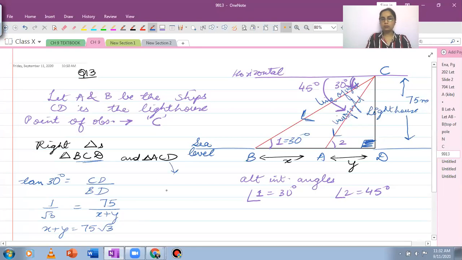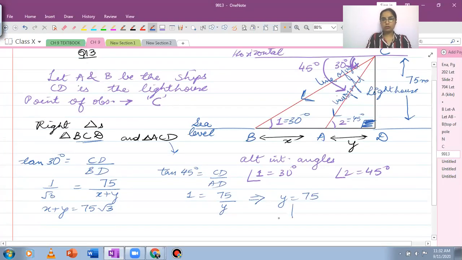Now working with the smaller triangle, I've got tan of 45 degrees. This angle here is 45 degrees. This will be equal to CD upon AD. Tan 45 is 1, so I get 1 equals 75 upon y. From here, y comes out to be 75. You can use this value of y in the first equation.